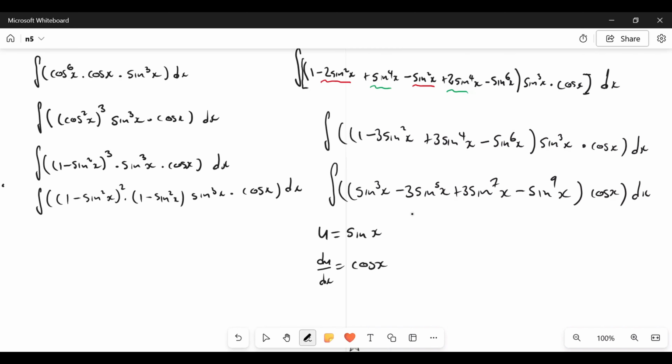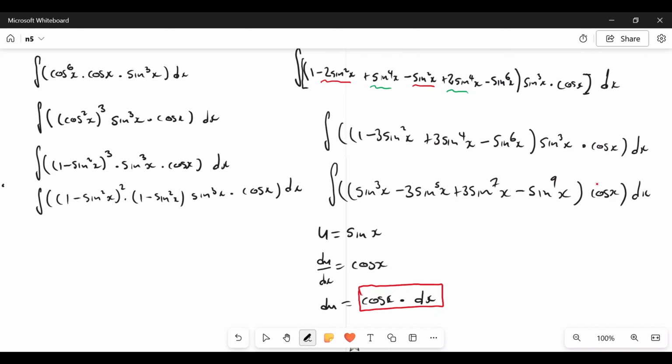We all know that. So wherever there is sine, we substitute with u. But we are not done with this one here. We need to make du the subject of the formula. If we make du the subject of the formula, du is going to be equal to cos x multiplied by dx. There we go. Now, before you continue, look at du. du is equal to cos x multiplied by dx.